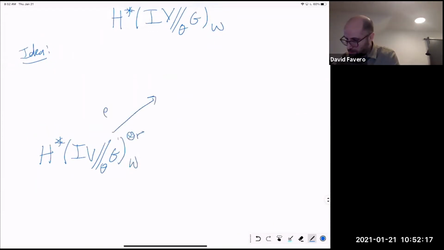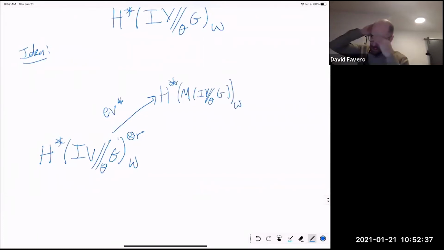Just like in Gromov-Witten theory, you can send it up to some kind of moduli space, which I'll get into more detail later. But you look at twisted, still twisted Hodge cohomology on that moduli space, and then you remove that.